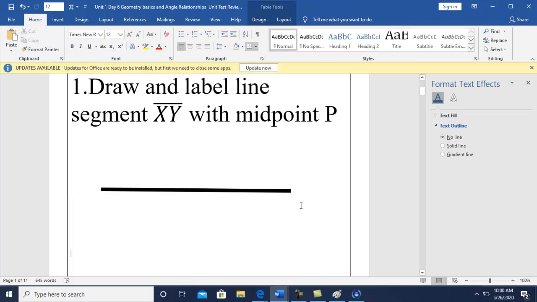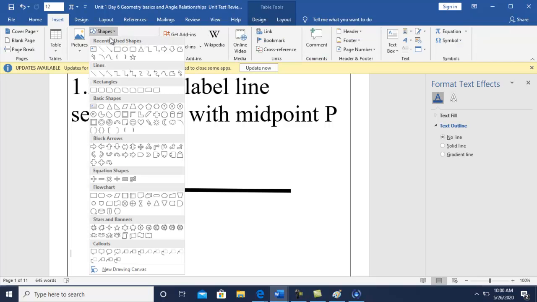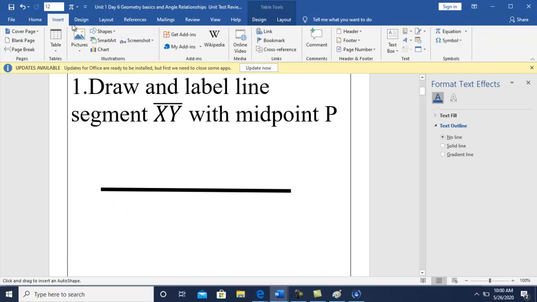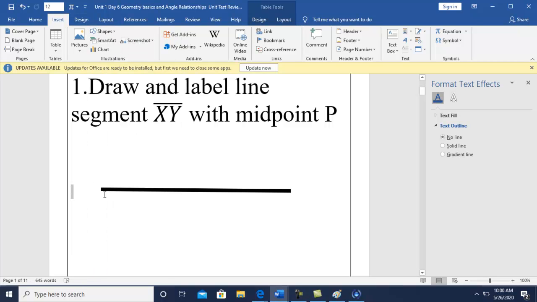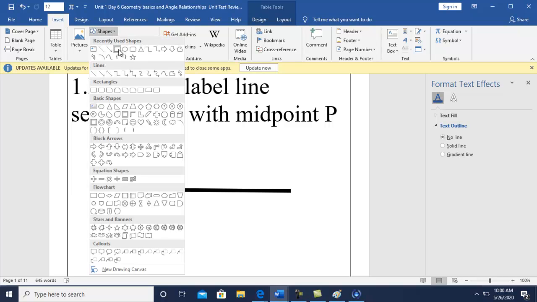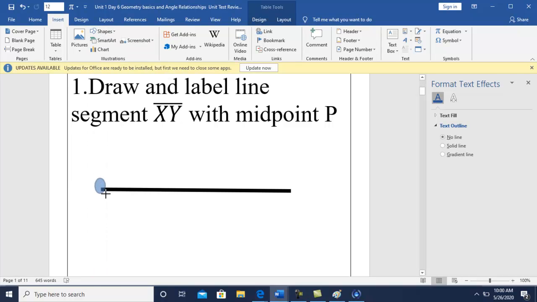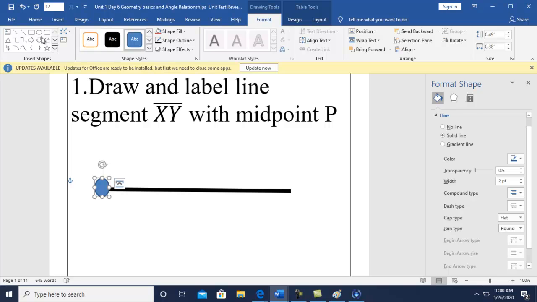So there's our line segment. We need 2 points: an endpoint on the left, and a point on the right.